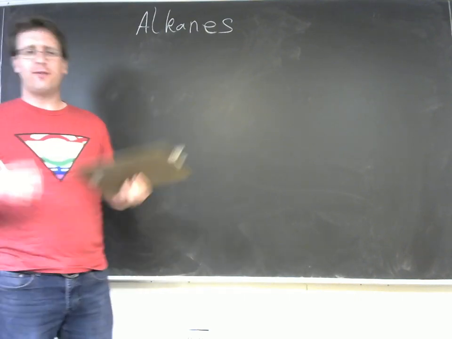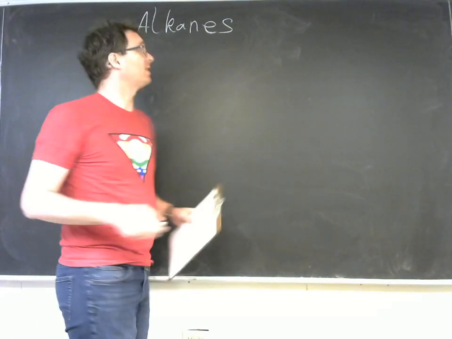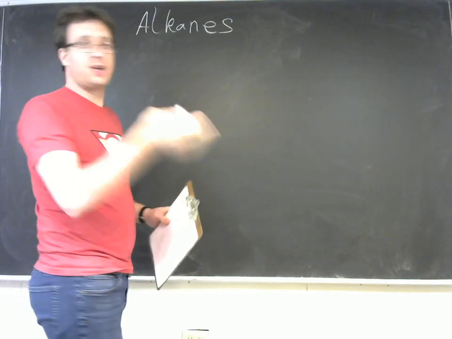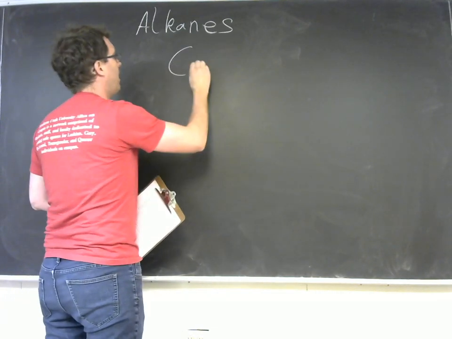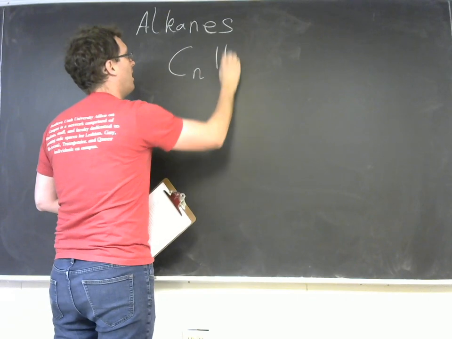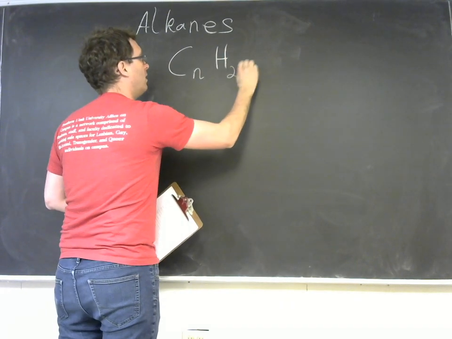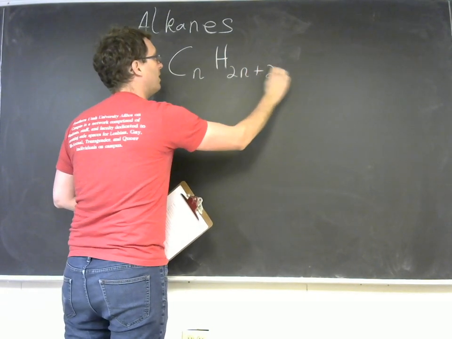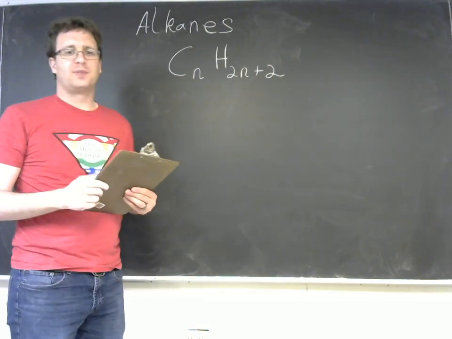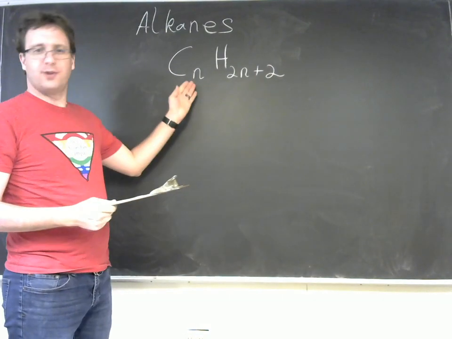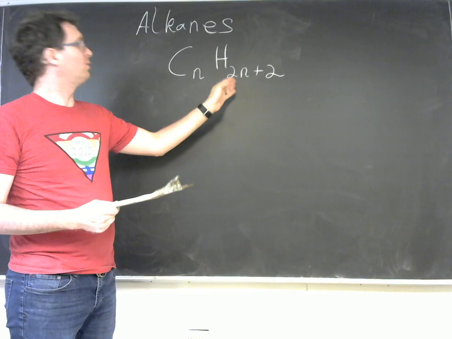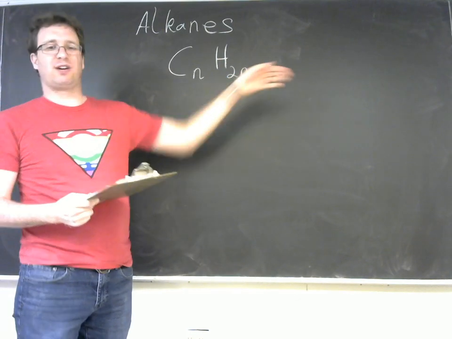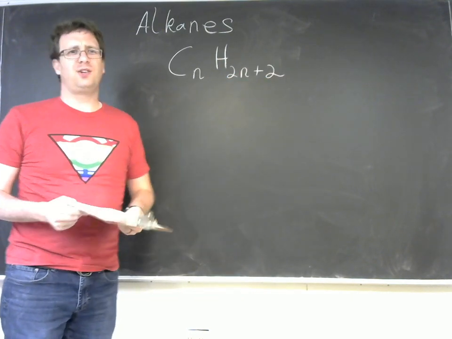However they're arranged, they're always going to have the same ratio of carbons to hydrogens. So you'll have CnH2n+2. So for every carbon you have, you'll have 2 times as many hydrogens plus 2 extra hydrogens at the end. And that's how you can recognize an alkane.